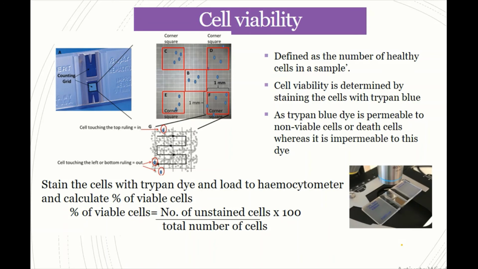So you stain and then you load in a hemocytometer. This is the hemocytometer. You can see it down here. You place your sample there and then you place it under a light microscope, and you check the percentage of viable cells, which is the number of those that are unstained over the total number of cells that you find in that field times 100%.